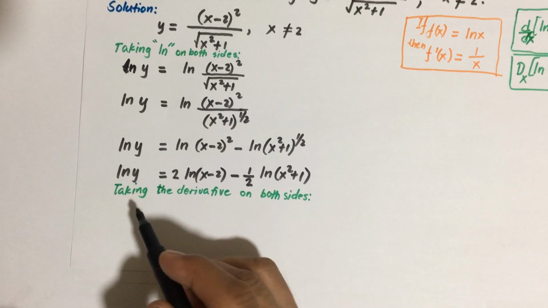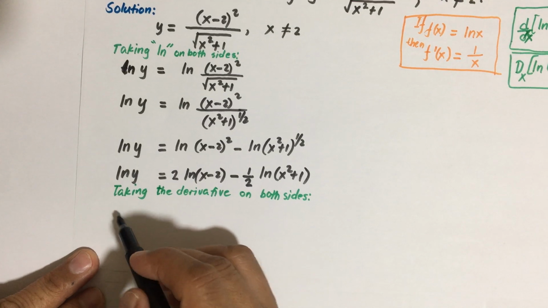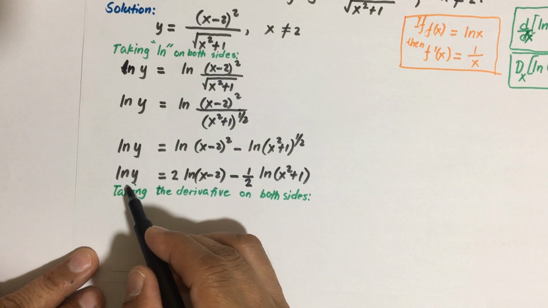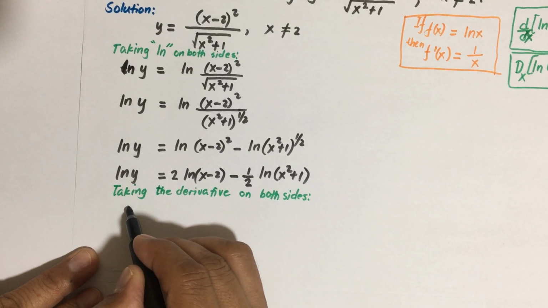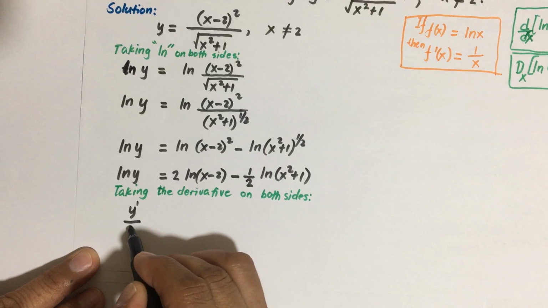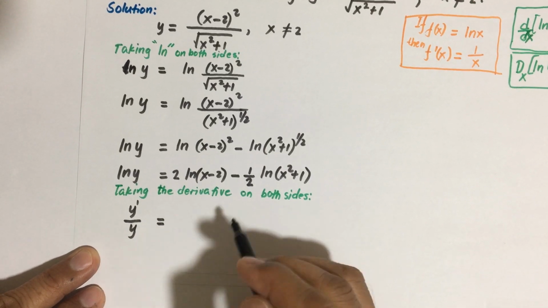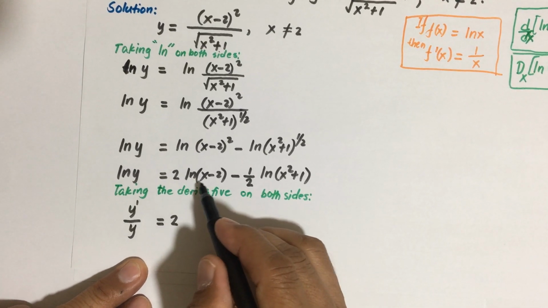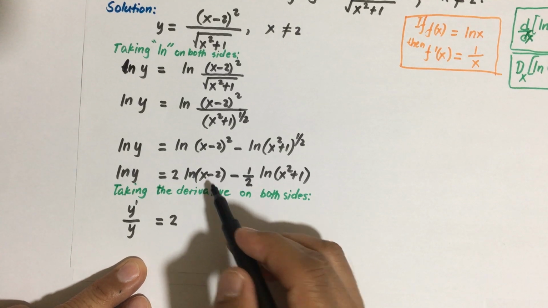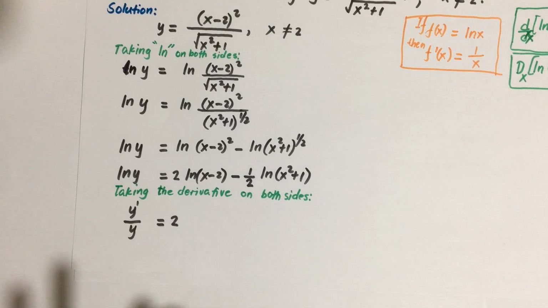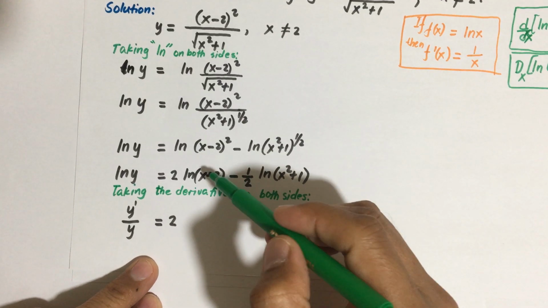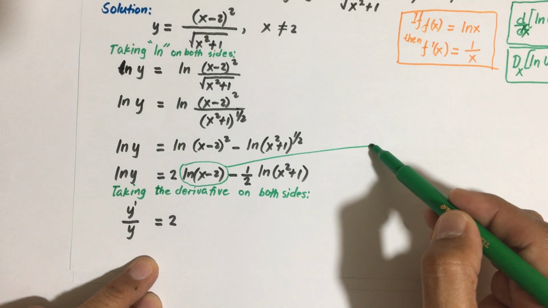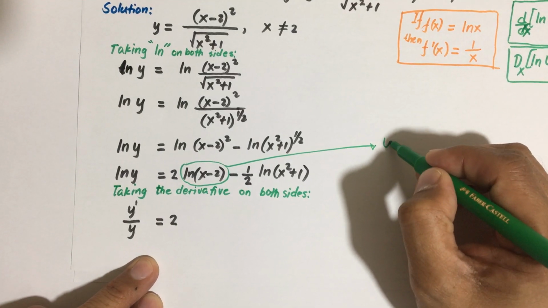For ln y, this is our u, so when you take the derivative of ln y, this is just the same as y prime over y, equals 2, a constant, times the derivative of ln u for this part here. What is our u?